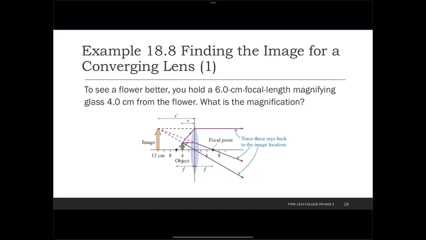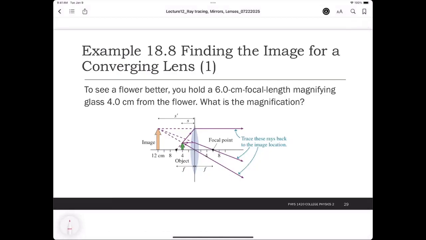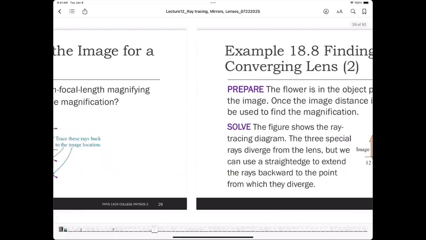Here from the object to the lens it is 4 centimeter, and the magnifying glass has a 6 centimeter focal length, which means the distance from the lens to the focal point is 6. This is 6 and this is 6. What is the magnification? Let's talk about that.